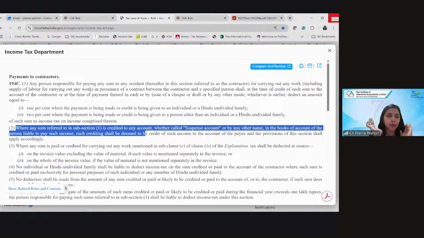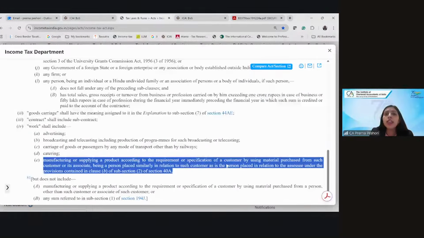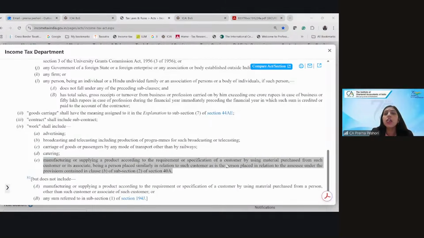Associate means a related party as per 40A(2), but does not include manufacturing or supplying a product according to the requirement of a customer by using a material purchased from any other person other than the customer. So this E point includes the job work.